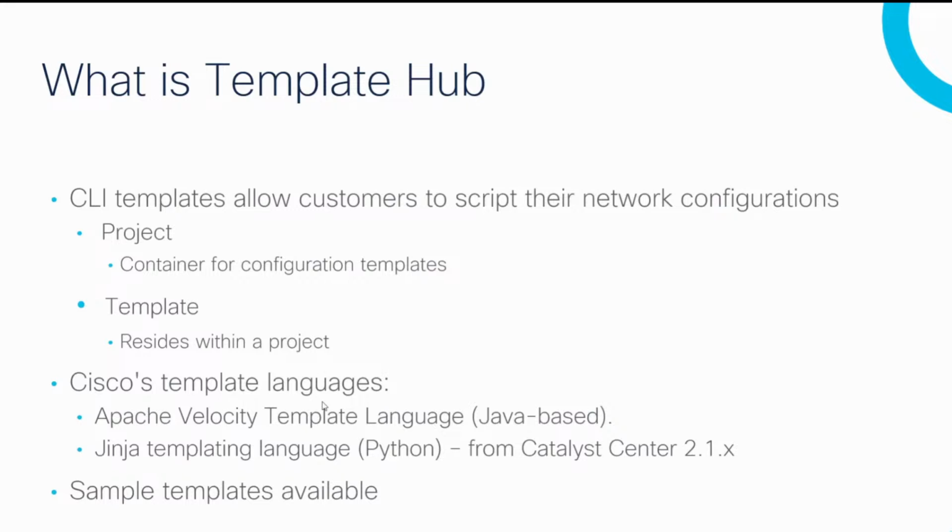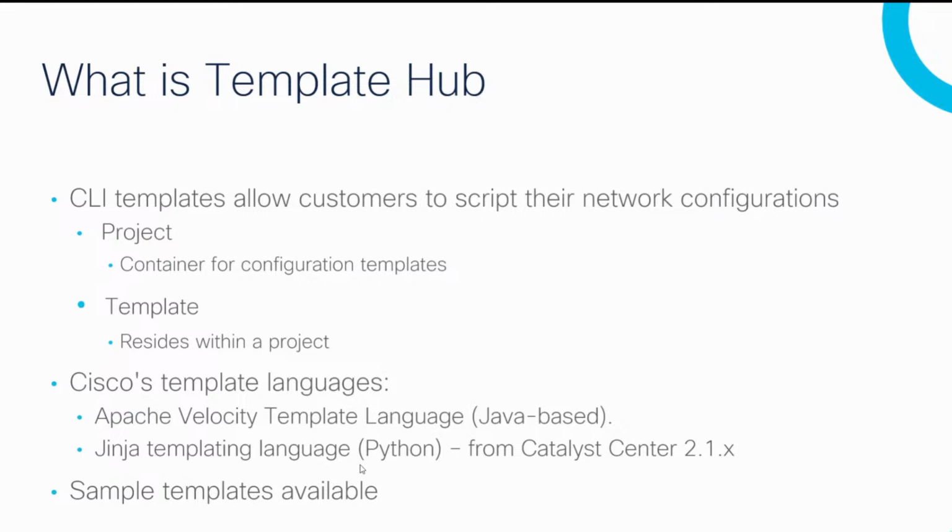I mentioned earlier that you have some programming languages that you can use. The Cisco template languages that are included are Apache Velocity template language, which is Java based, and Jinja template language, which is Python based. If Jinja isn't showing up, that means your Catalyst Center is not on 2.1.x, so make sure you're on 2.1.x if you want to use Jinja, because that's the version it was introduced at.